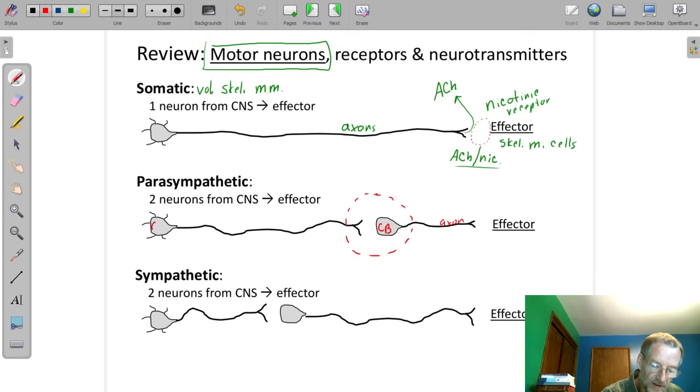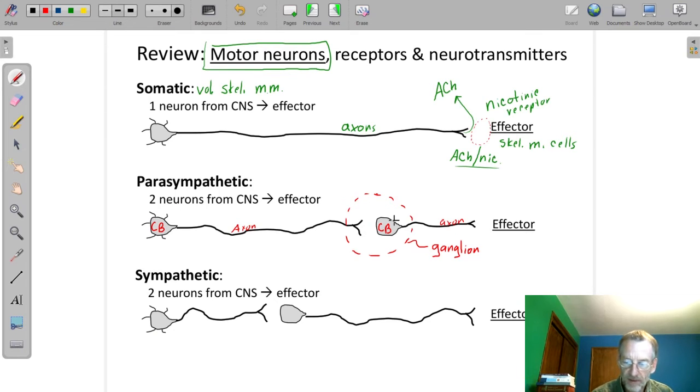So here's the other cell body, CB, and the axon. So there are our two neurons of a parasympathetic pathway. And this is the parasympathetic ganglion. They're outside the CNS. They're somewhere in the head, neck region. And it's a collection of multiple cell bodies, which is our definition of a ganglion.